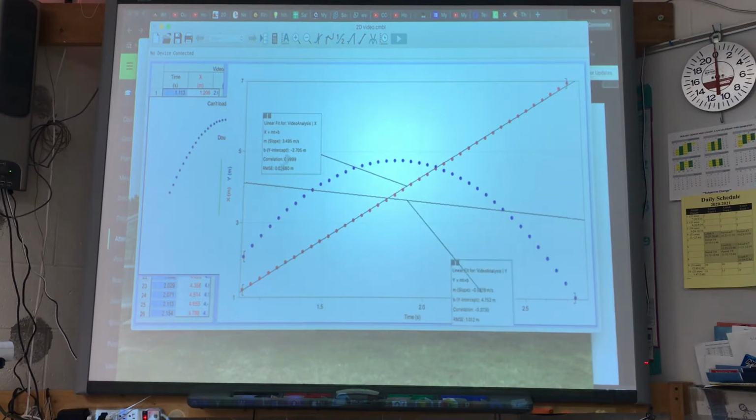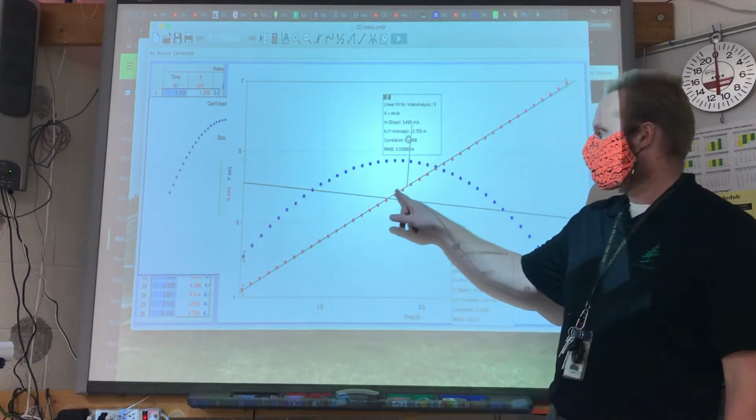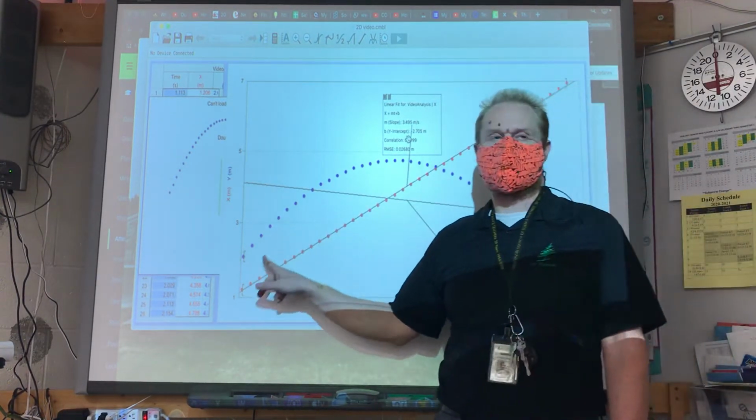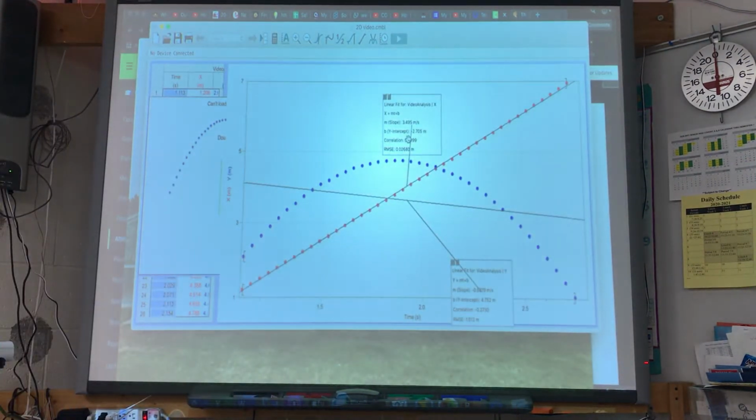So this box that I'm dragging right now is for the red. And you can say, hey, look at that line. That's a pretty straight line. Tell me about the slope of that line. Is it constant or changing? The red line, is it positive or negative? Positive. So because the slope tells me velocity, we can say this object is moving at a constant velocity in the positive direction.